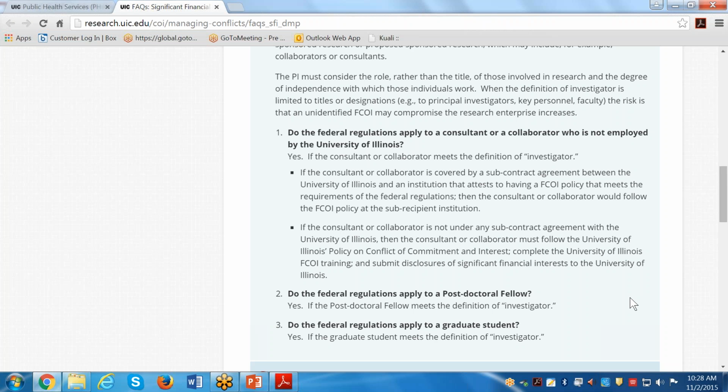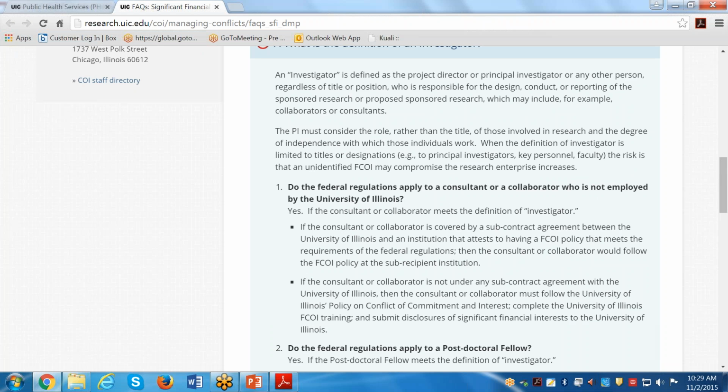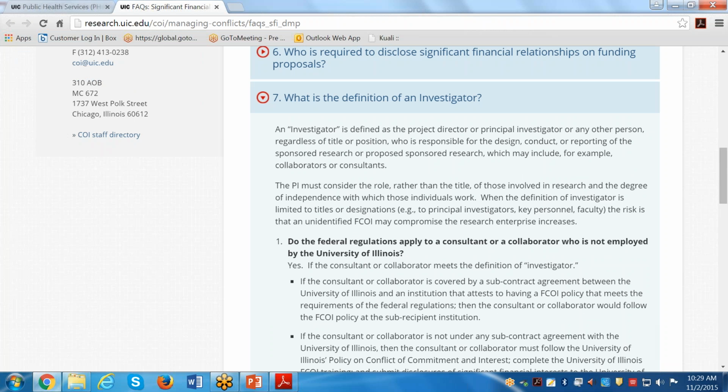You really need to think about what role that individual serves in the study and in the research. And if it's related to design, conduct, or reporting of the research, and that person has responsibilities for those things, then you need to consider them to be an investigator, and they need to do the compliance component.